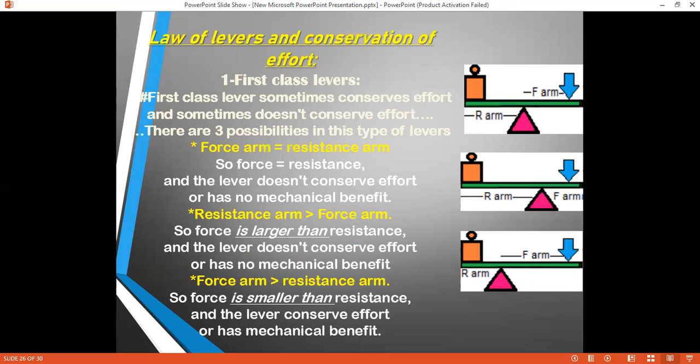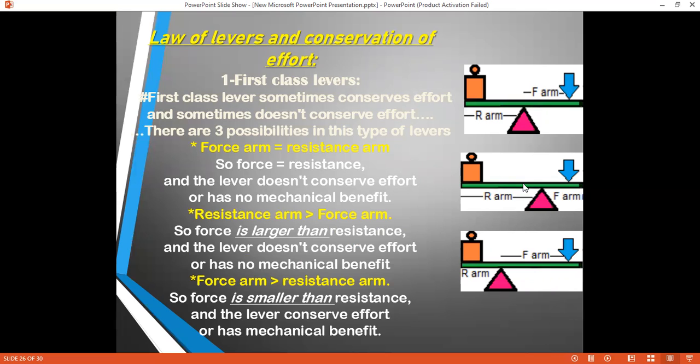In case of the first class lever, we said that the fulcrum is in the middle, and here is force and here is resistance. First case, if force arm equals resistance arm, like picture 1, the lever doesn't conserve effort and has no mechanical benefit, like a seesaw.